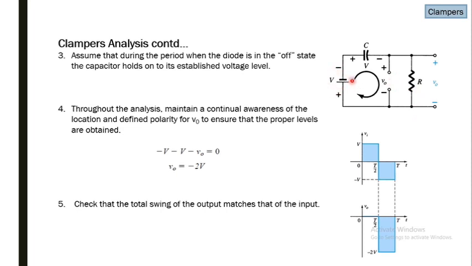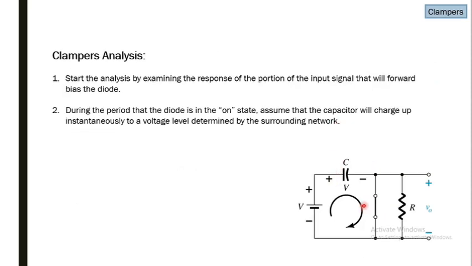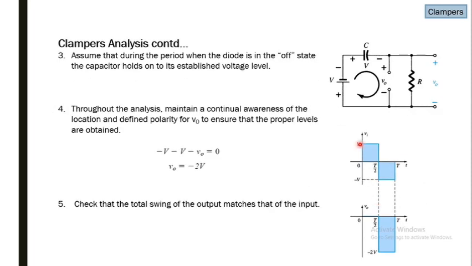So at the input we have polarities like this, and then a drop of V at the capacitor, because the capacitor was charged up to the V level during the positive half cycle when the diode was short circuit or forward biased. Then we have a drop of V naught across these parallel branches, and there is no rise in this whole loop, so the rises are equal to 0.